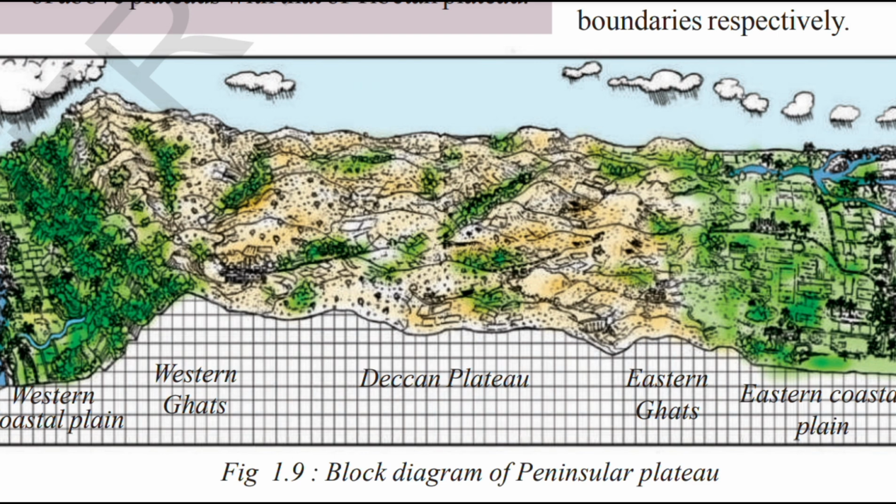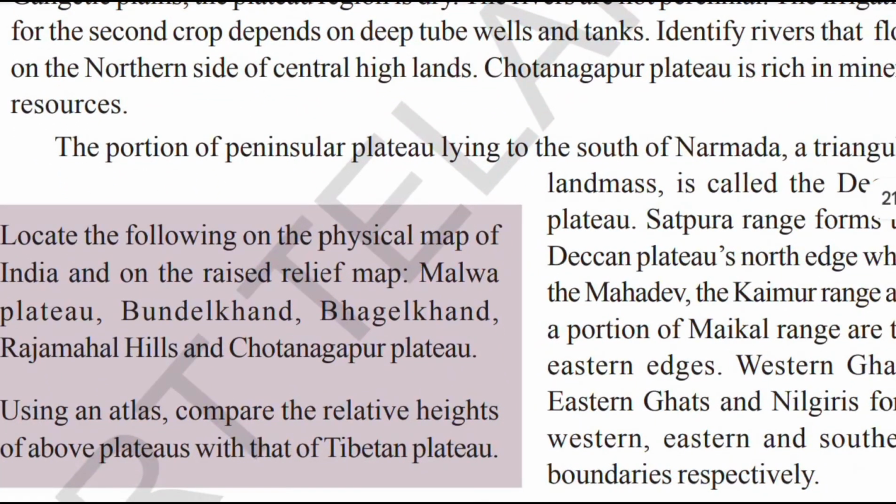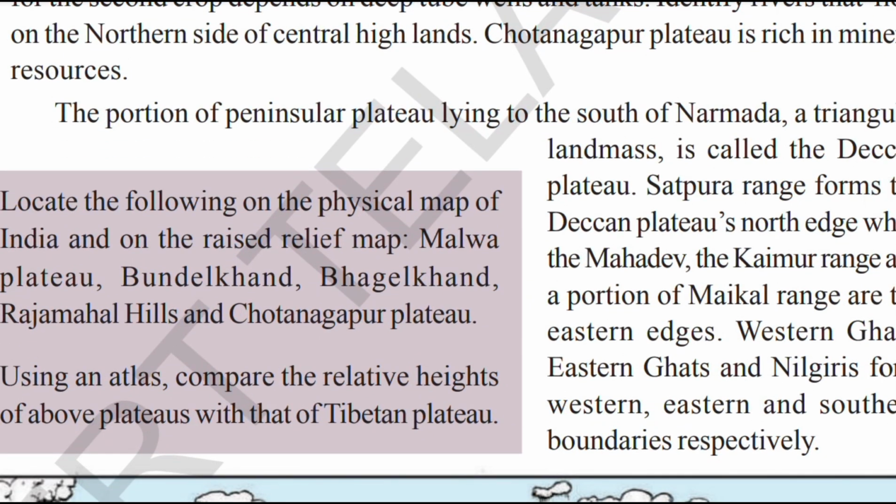Before going further, we will see one more block diagram of the Western Ghats and Eastern Ghats, and what the boundaries and mountain ranges are, such as the Mahadev and Kaimur range, the origination of the Narmada, and the Chota Nagpur Plateau. We'll see all the remaining plateaus on a clear map, so that you get an idea of how these plateaus are formed and originated, and their important aspects.